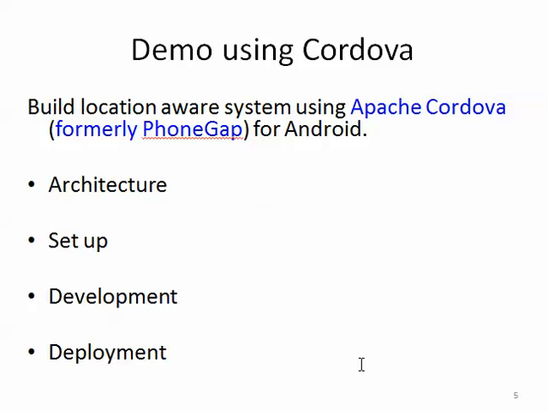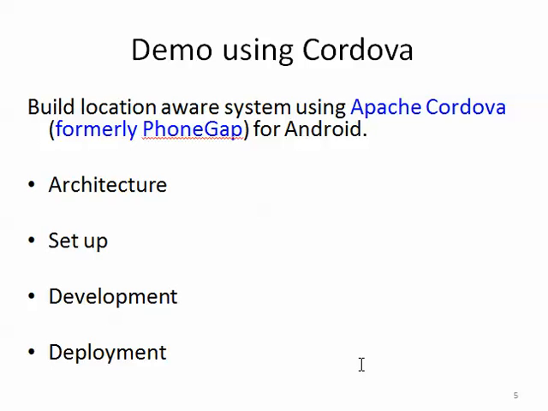Now, the last part of this video lecture is just a demo of using Cordova, just to get a taste of something similar to what we will be doing here. We will not be using Cordova, but that's what I have here, so we get an idea of using this. In this case, we'll build a location aware system using Cordova for Android.